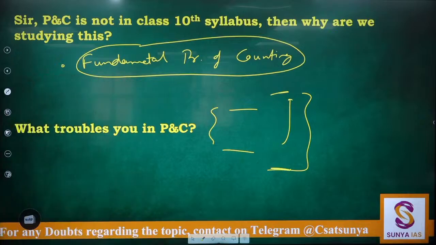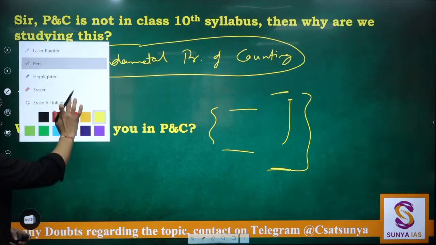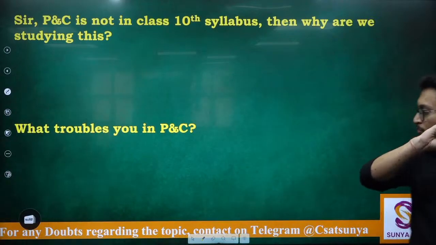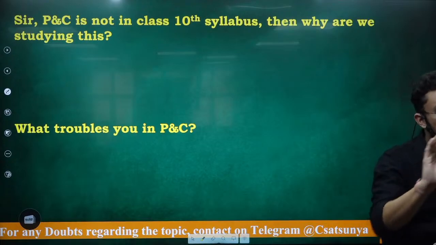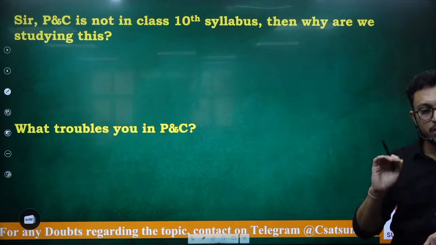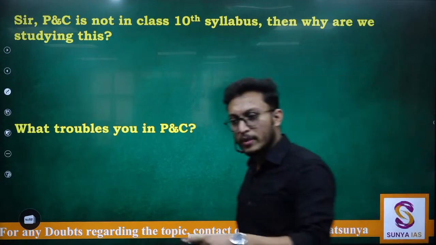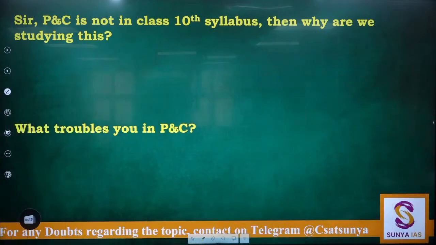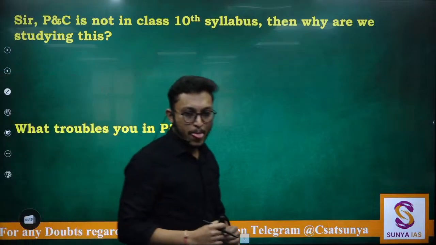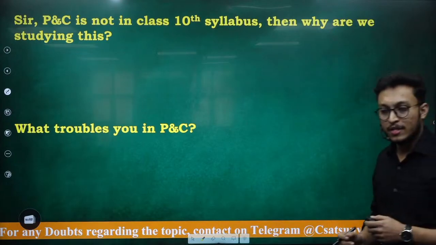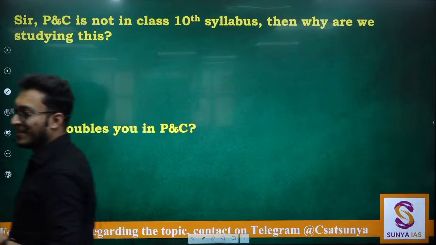Is it clear? Now, class should be interactive. I have no problem in you asking me same doubt multiple times. I'll answer all of those. Another thing, I'll keep roaming in the class. I want every one of you to participate. मैं सबकी copy में देखूंगा what you are doing. ठीक है? Now tell me what troubles you in PNC. Class should be interactive. अभी बोला था.